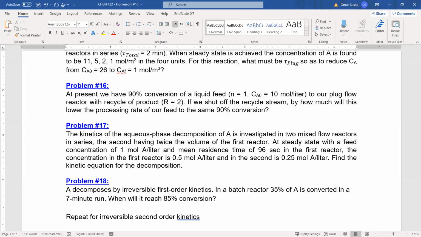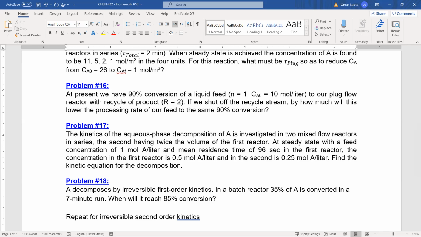Problem 16, right? At present, we have 90% conversion of a liquid feed, N equals 1, CA naught is equal to 10 moles per liter, to our plug flow reactor with recycle of product.